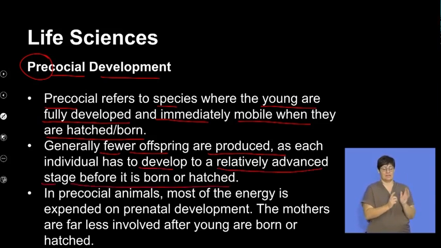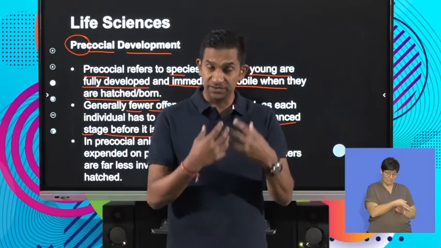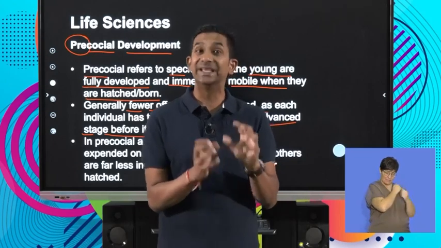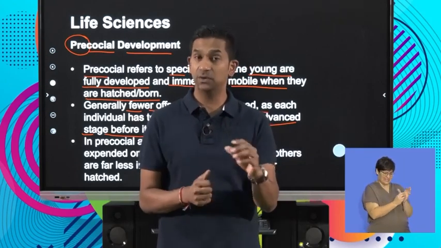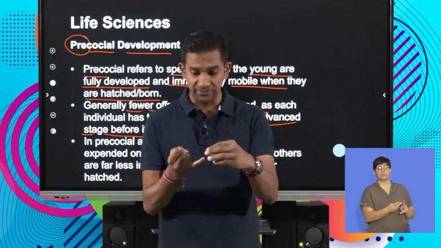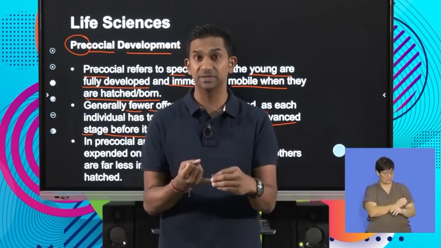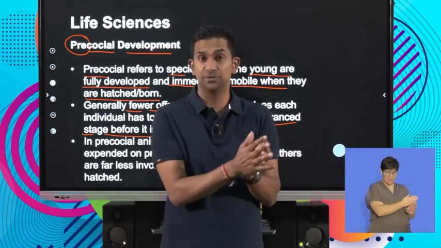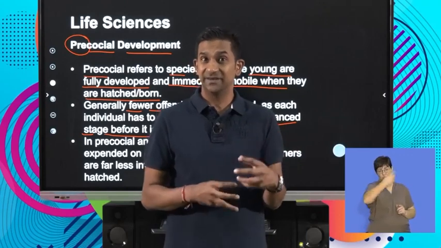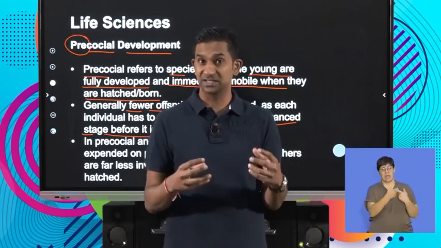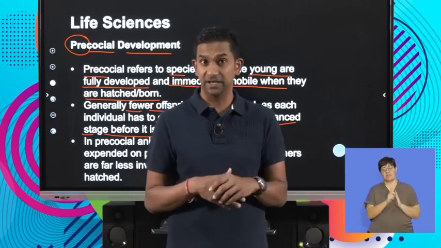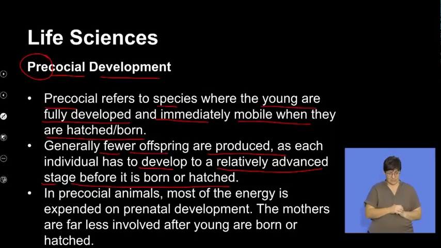Because of the extent of development within the parent, internally or in the egg, they require lots of energy during their development, or the eggs that are produced have a lot of energy and require fewer eggs to sustain the development of the young in their eggs.